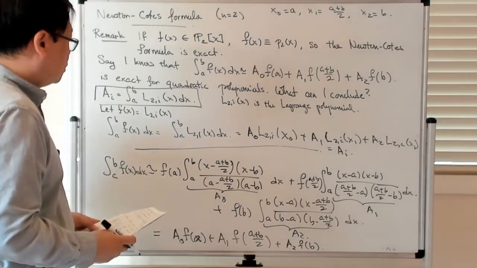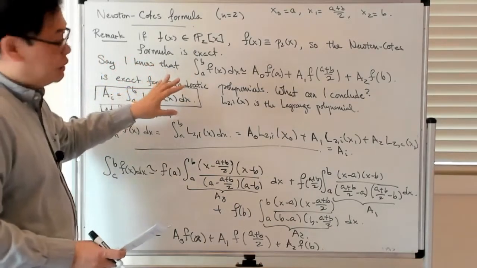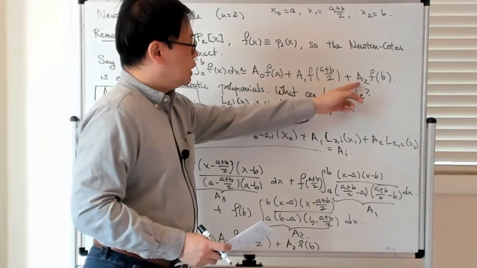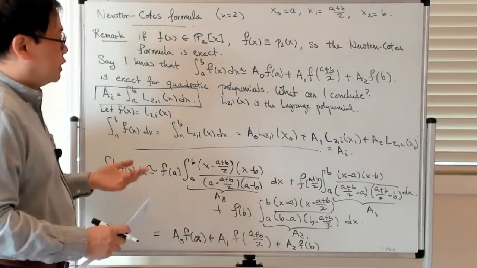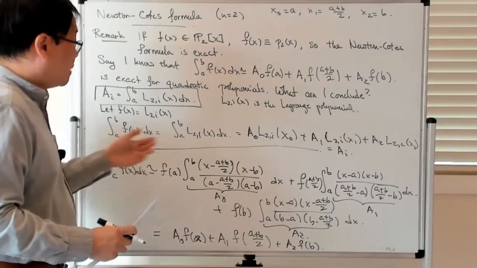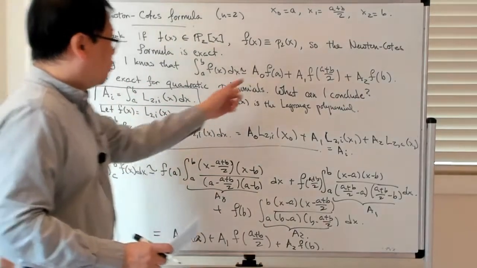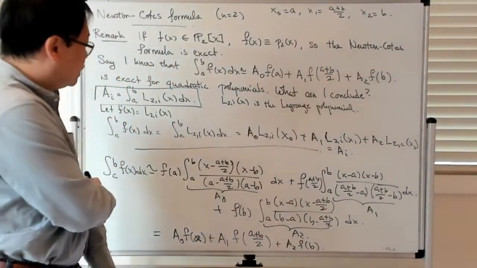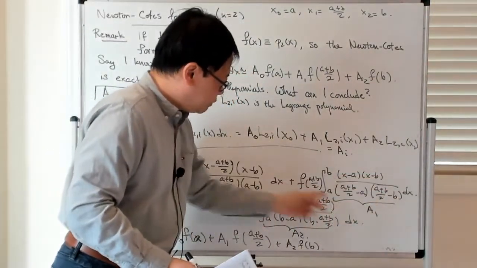With this second point of view in mind, you can compute these coefficients in a slightly different way, by evaluating integrals exactly for some basis of the polynomials, and then figuring out the coefficients through a linear system of equations, instead of having to exactly evaluate these Lagrange polynomials.